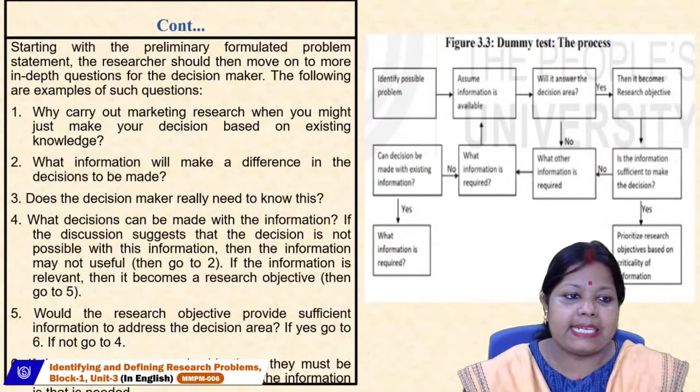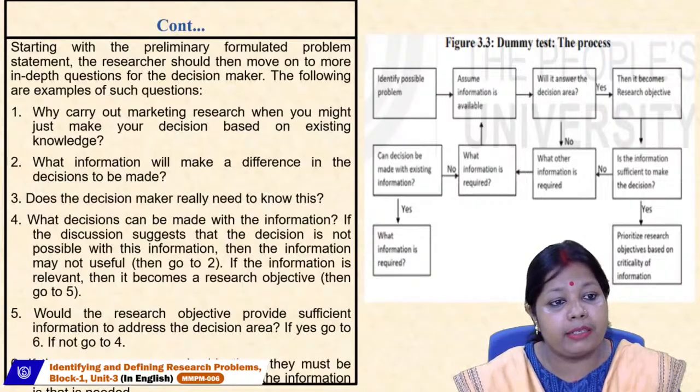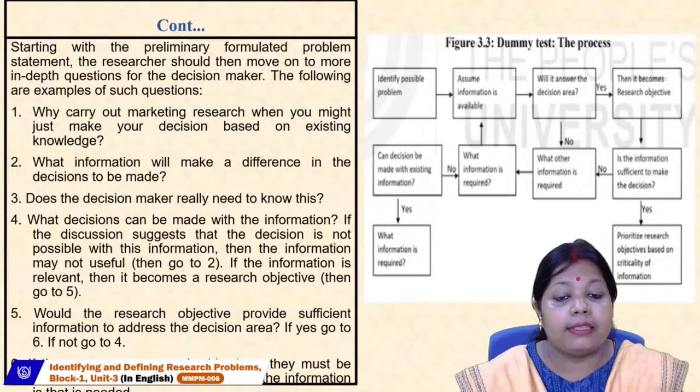Second, what information will make a difference in the decision to be made? Third, does the decision maker really need to know it or not? Fourth, what decisions can be made with the information? If the discussion suggests that the decision is not possible with this information, then the information may not be useful.